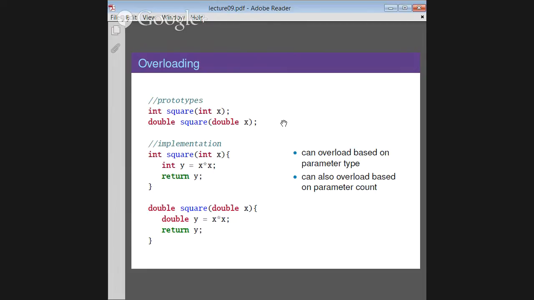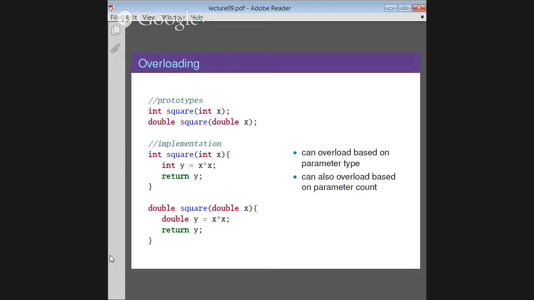Actually, scratch that, we can't name both of them check because they have the same number of arguments. What we could do though is, if one check took integers and we wanted another check that took doubles, we could do overloading so that one function only took integers and one only took doubles, and one returned ints and one returned doubles.